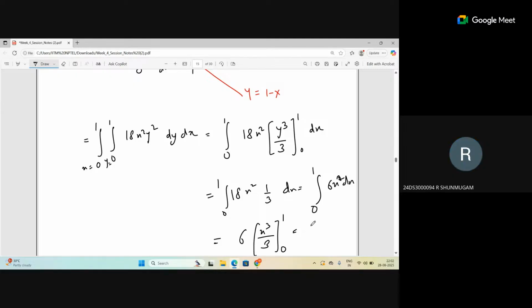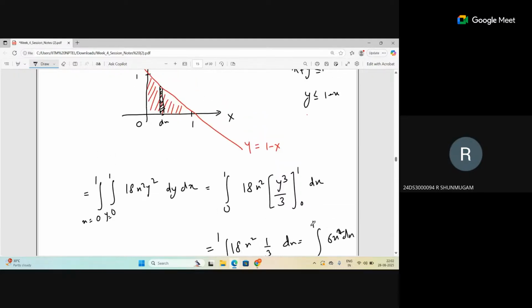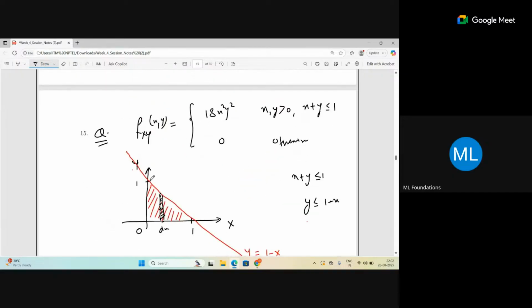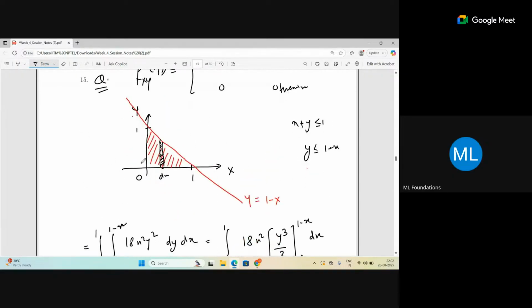Sir, is it y from 0 to 1 minus x? Yes, sorry, I think it is 1 minus x. We should be careful about this, because it was not a square, it was this one.